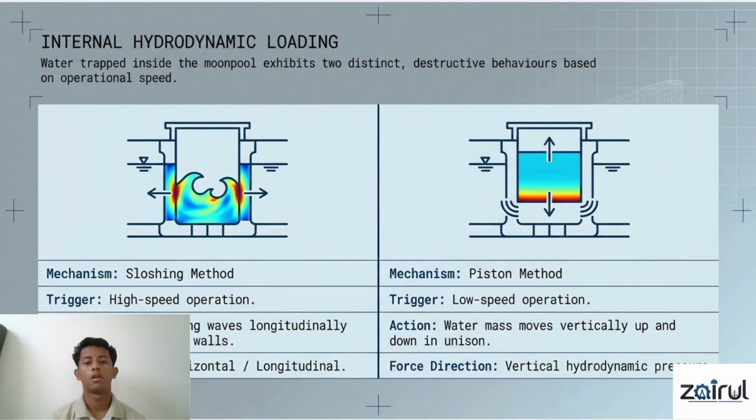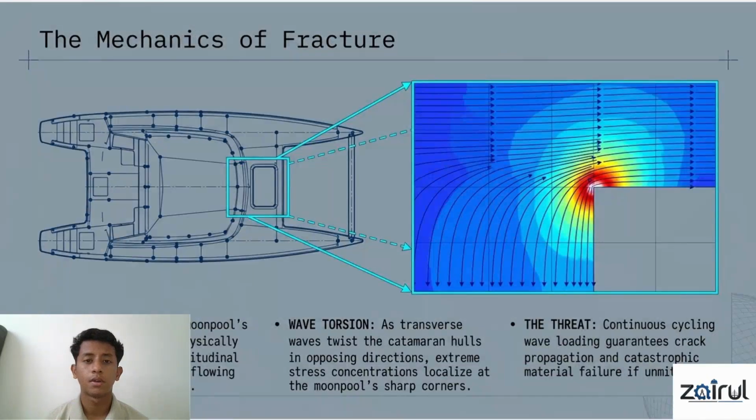So let's talk about the mechanics of fracture in a catamaran USV. Now we'll talk about force. Force will make stress, and this stress concentration occurs mainly around the moonpool corners.